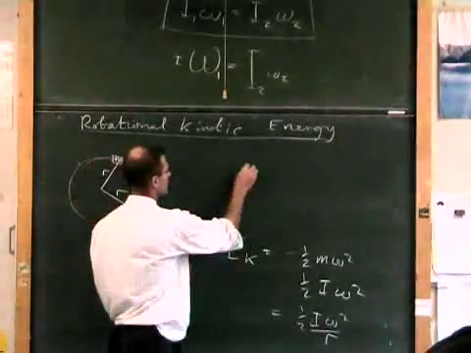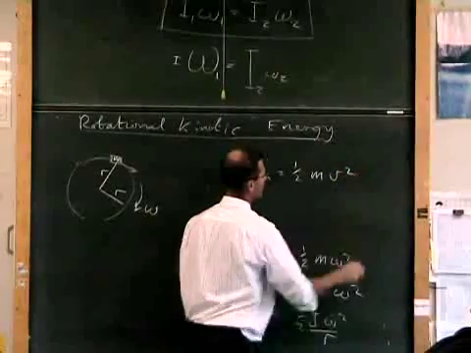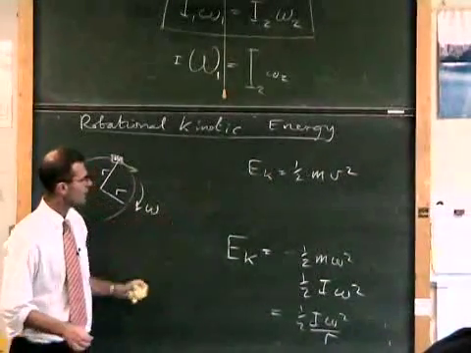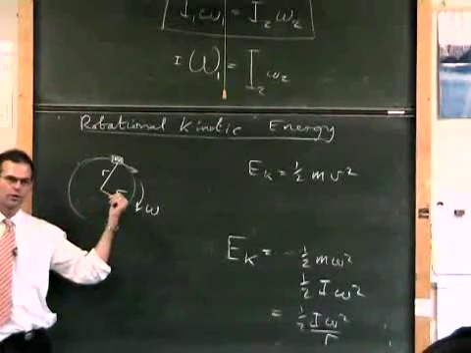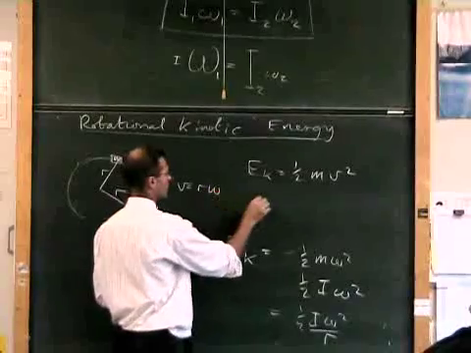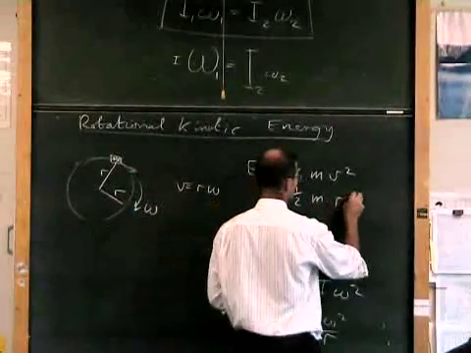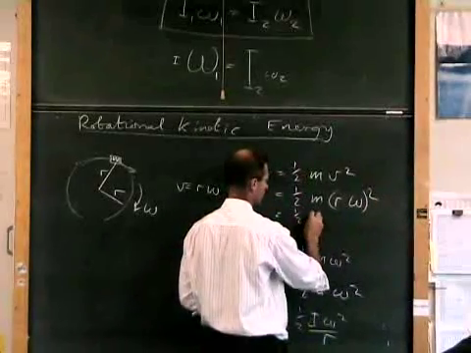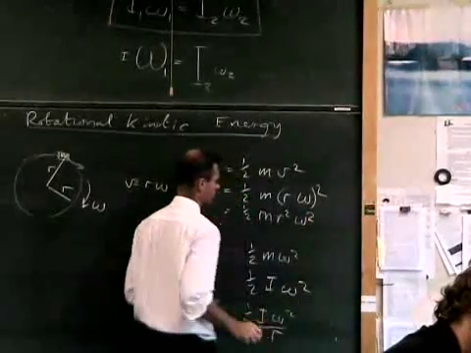It's going to be half mv squared. Again, we can go through that trick of replacing v by omega and r. So v is equal to r omega. So we've got half m r omega all squared, which will be half m r squared omega squared.